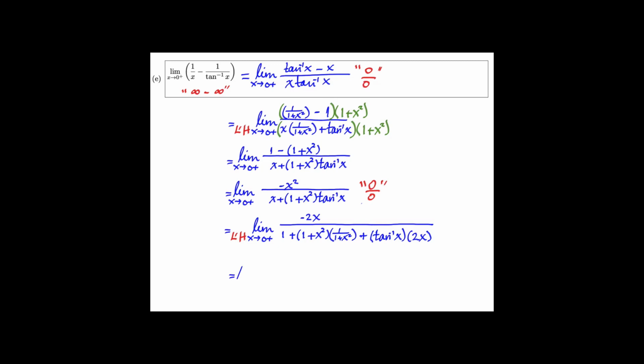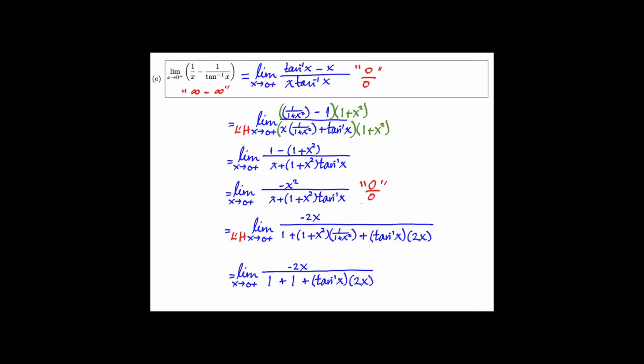Let's clean that up a little bit. So we get the limit as x approaches 0 from the right of negative 2x over 1 plus 1 plus arctan of x times 2x.